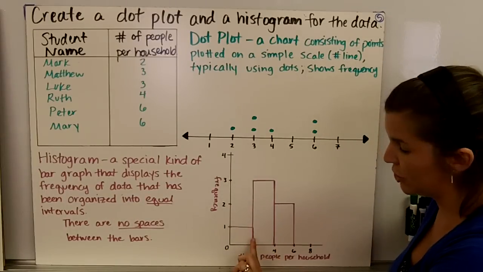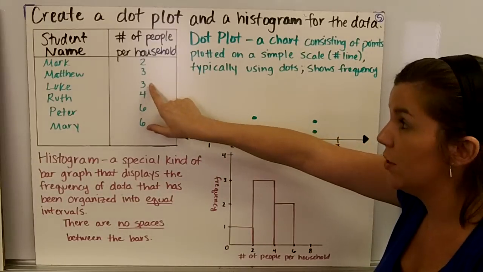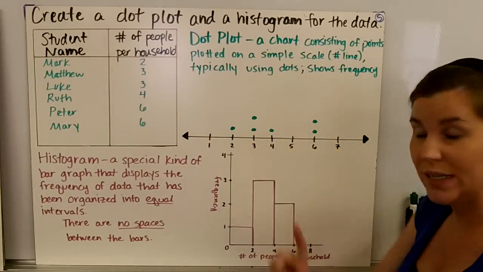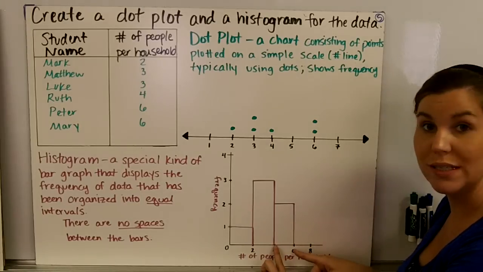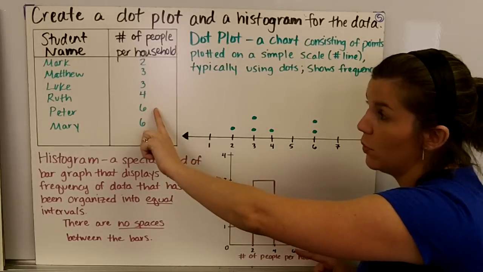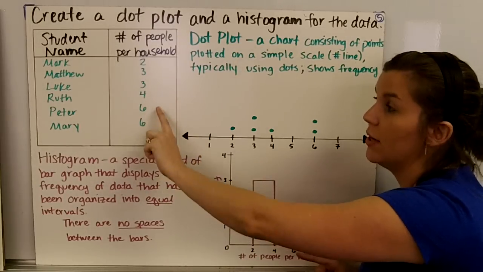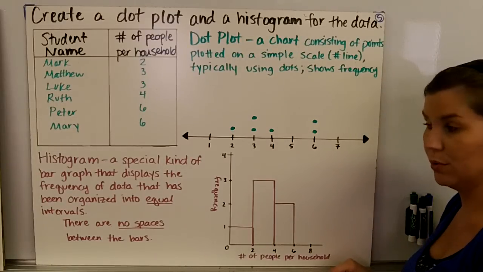Between 2 and 4, so like 2.1 to 4, this happens 3, 3, and 4. 1, 2, 3 times. So I have a frequency of 3. 4 to 6, so 4.1 to 6. 4.1, not 4, bigger than that. 6 and 6 happens twice, so I have a frequency of 2 on my graph.